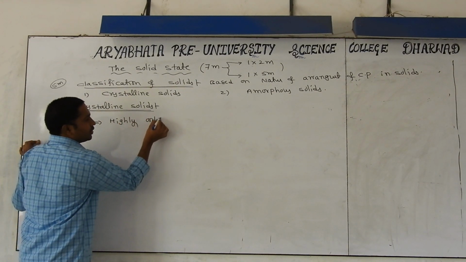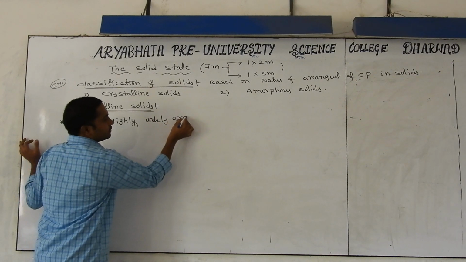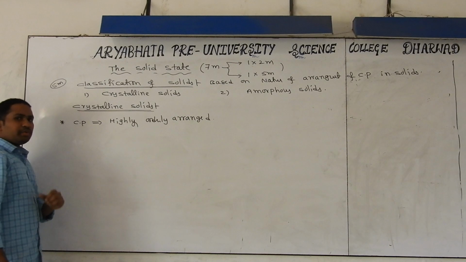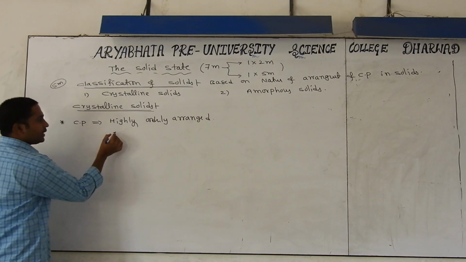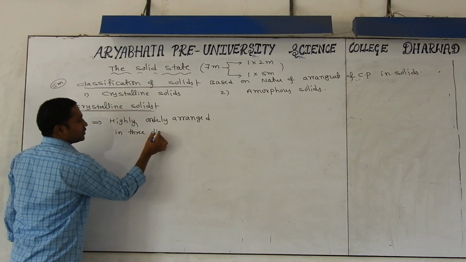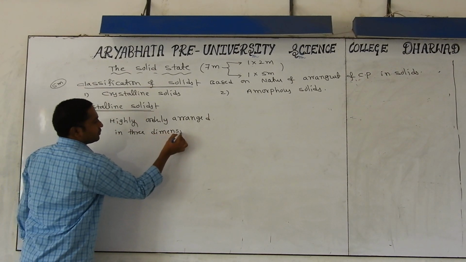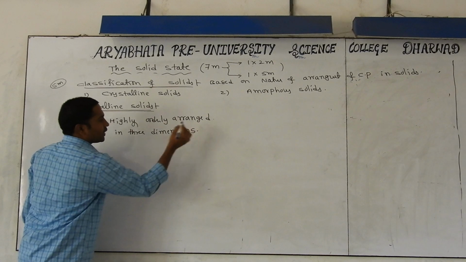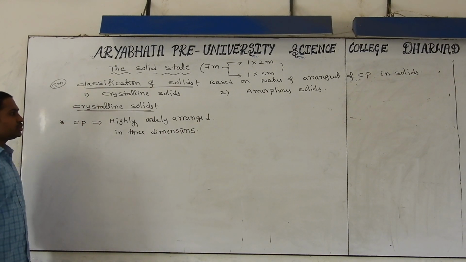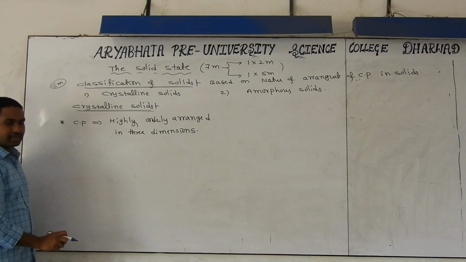What is the meaning of highly orderly arranged in three dimensions? A highly orderly arrangement of constituent particles in three dimensions is called a crystalline solid.